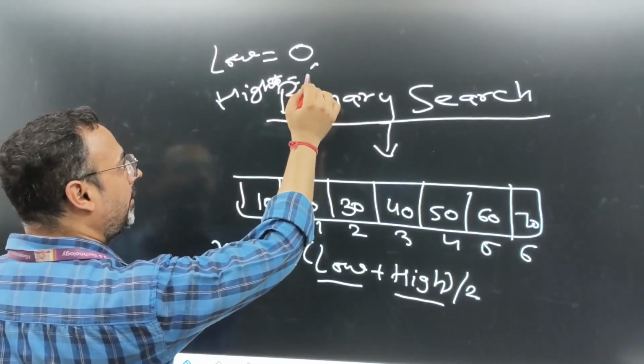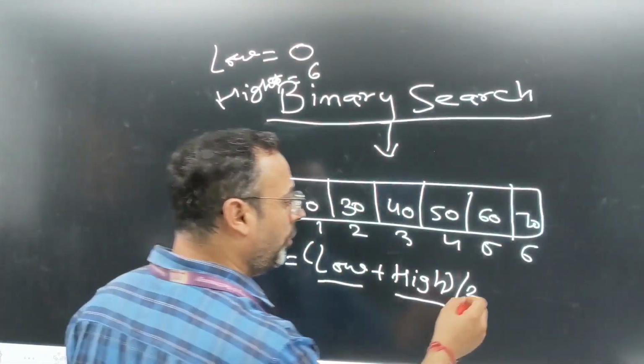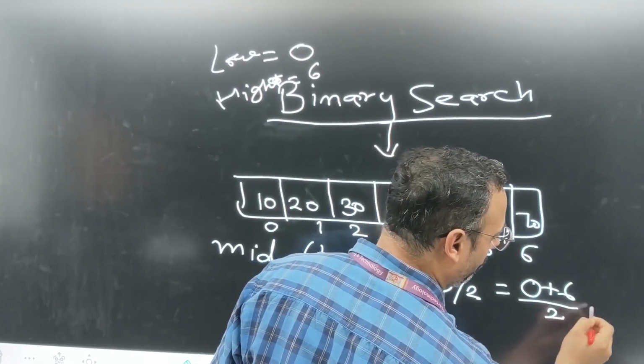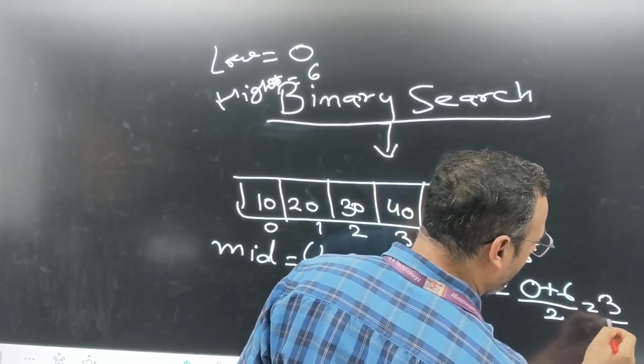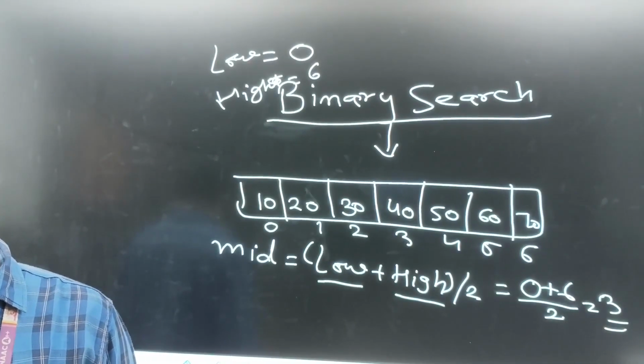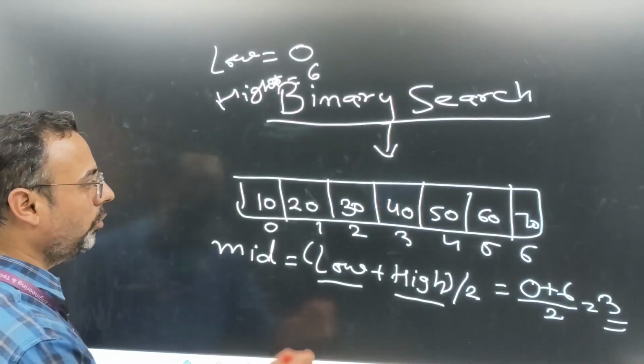So our last index number is 6. Now I put the values here: 0 plus 6 divided by 2. So I got the third index position, which is assigned to mid.